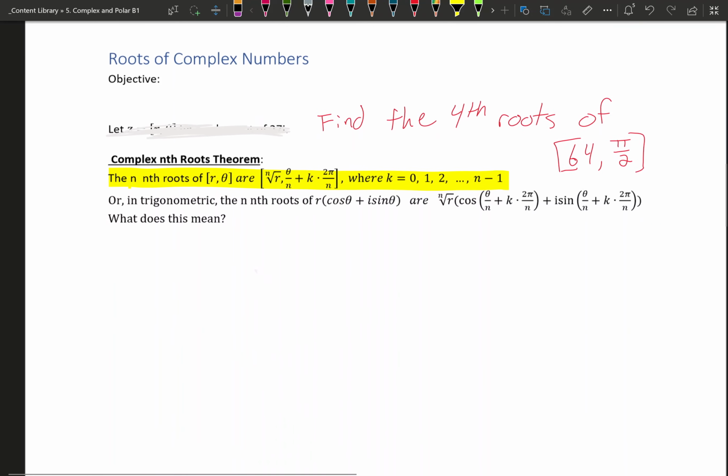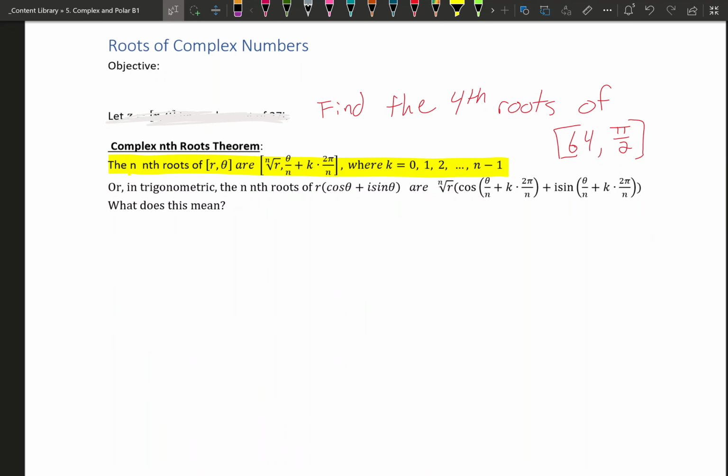So for example, let's say we are finding the fourth roots of 64 pi over 2. If we're doing the inverse operations of what happens when we're raising to a power, well, let's take the fourth root of 64 and then pi over 2 divided by 4 instead of being multiplied by 4, right?